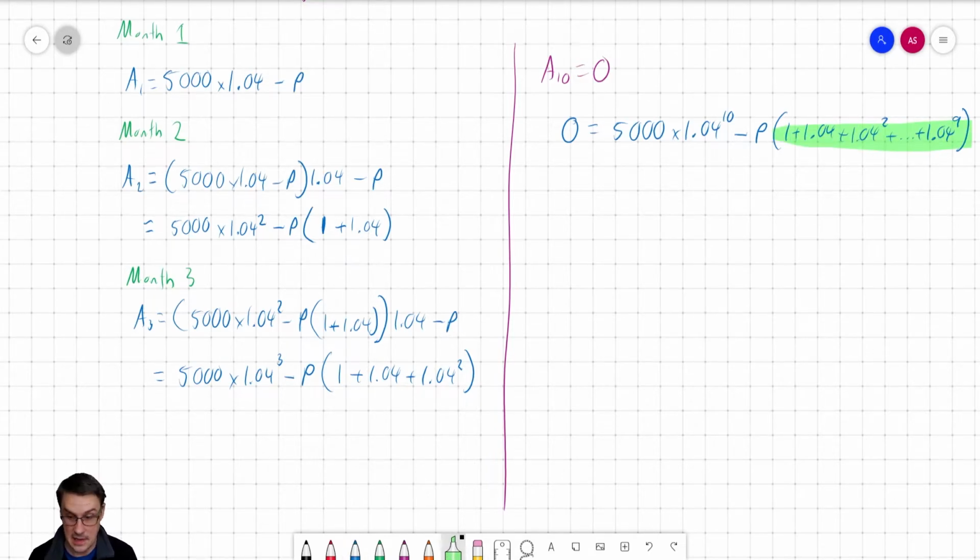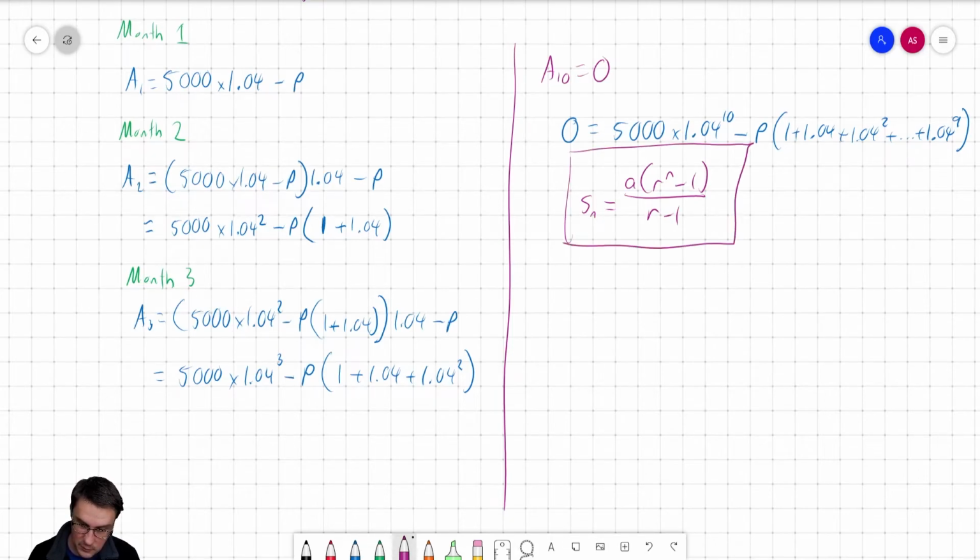And so we can start to change this around and find the sum of it. So remember, S of n is equal to A bracket R to the n minus 1 over R minus 1. So in this case here, this is our formula which we have to use. And we've got A is equal to 1, R is equal to 1.04. And in this case, n is equal to 10 because there's 10 different terms within this.